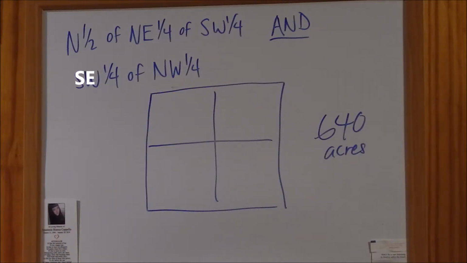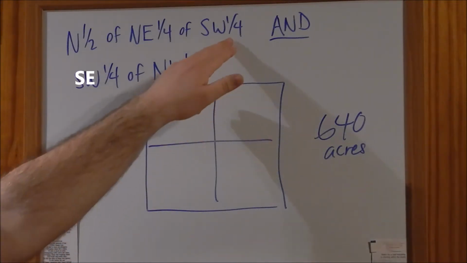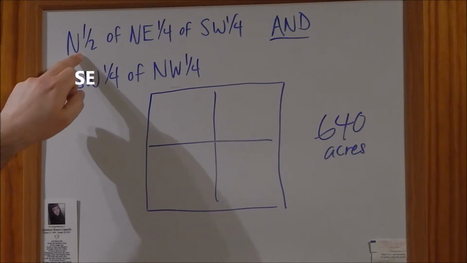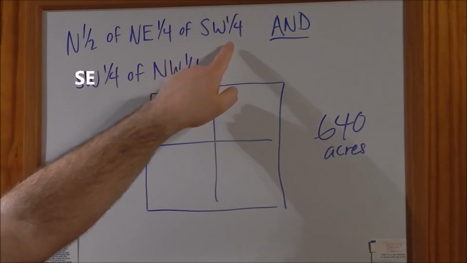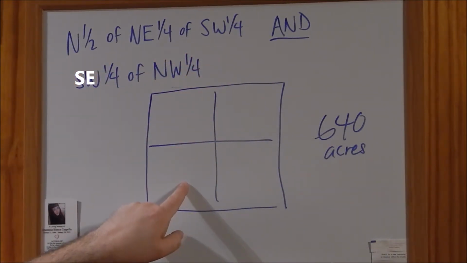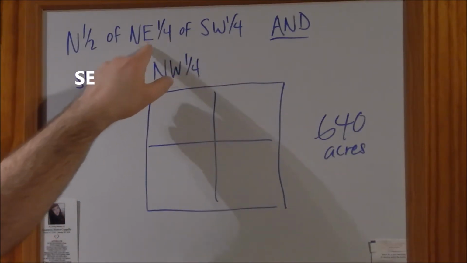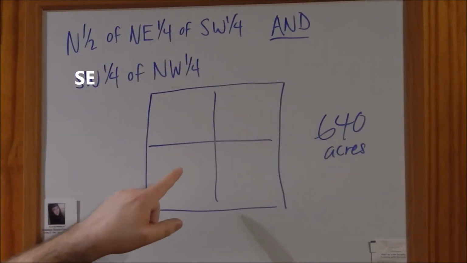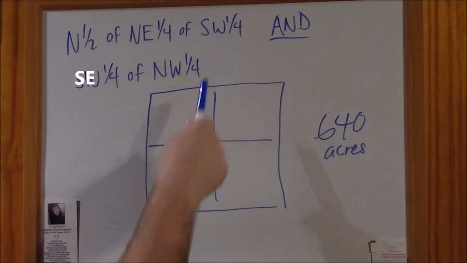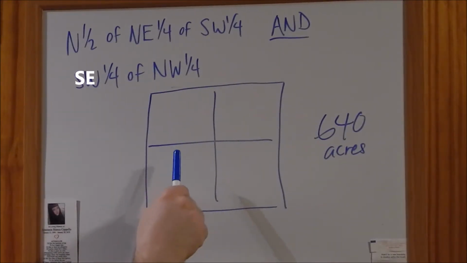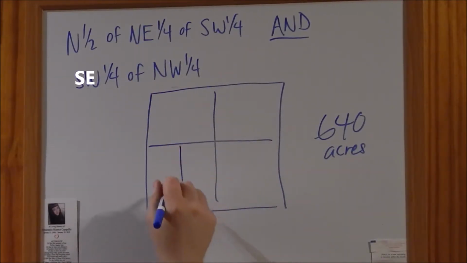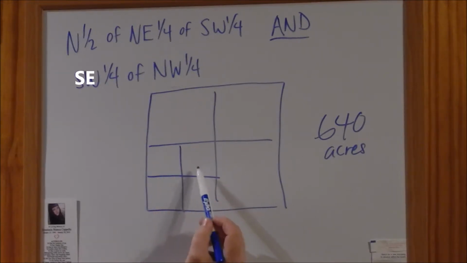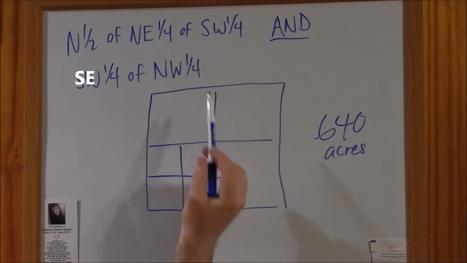What I like to do is start backwards and move this way. Southwest quarter, that's down here. The northeast quarter of the southwest quarter. So we know that the southwest quarter is what we're dealing with right here explicitly. Then we have the northeast quarter, so it's going to be somewhere in here.